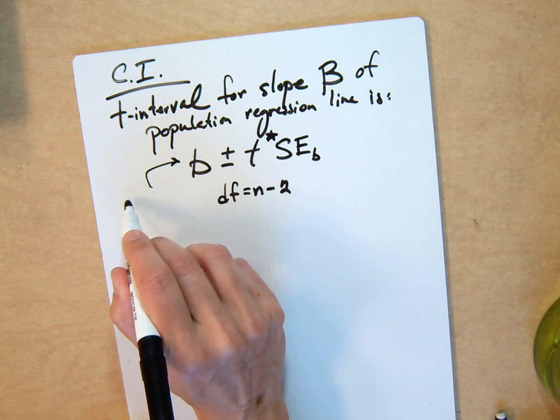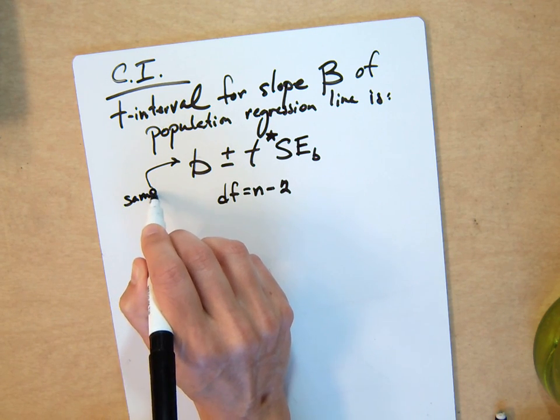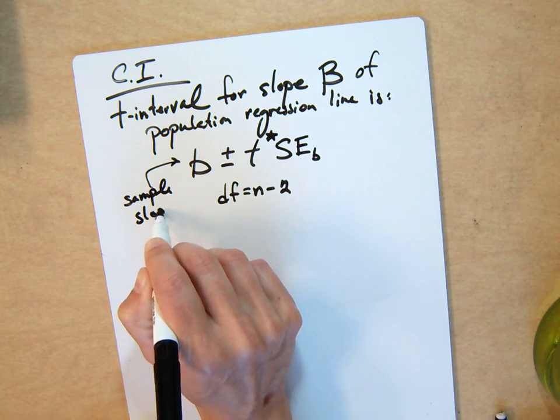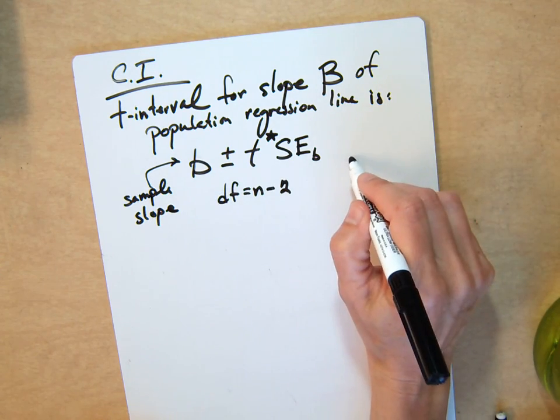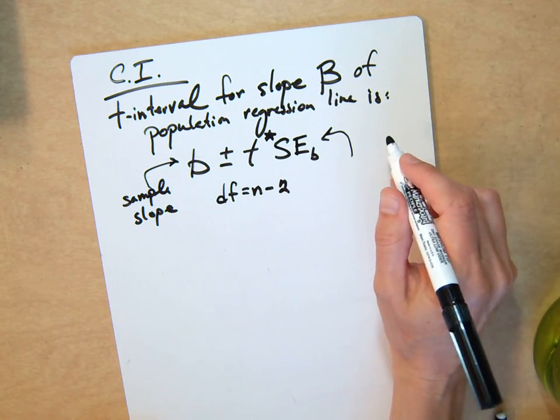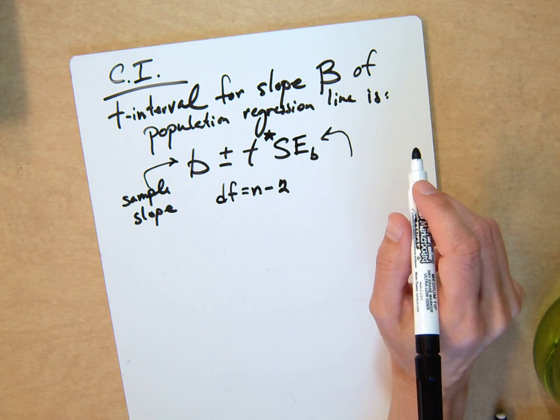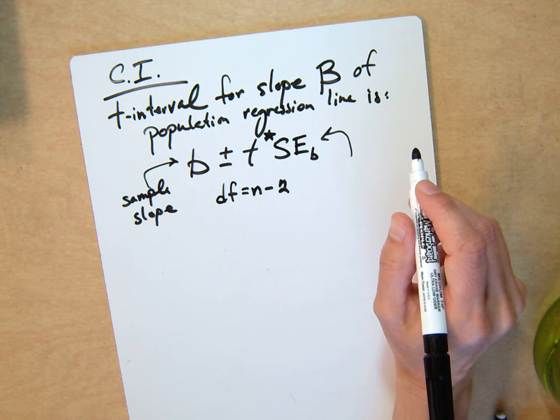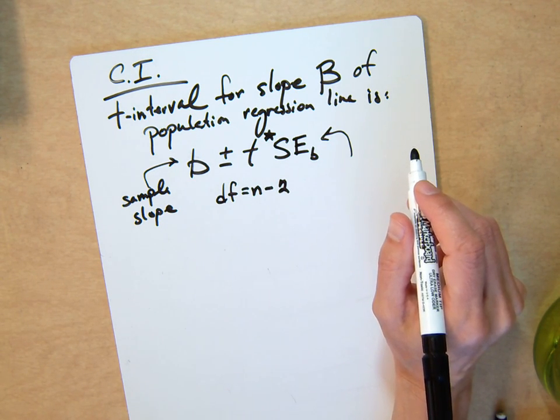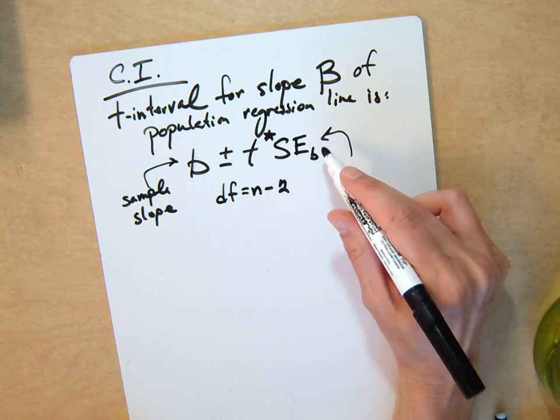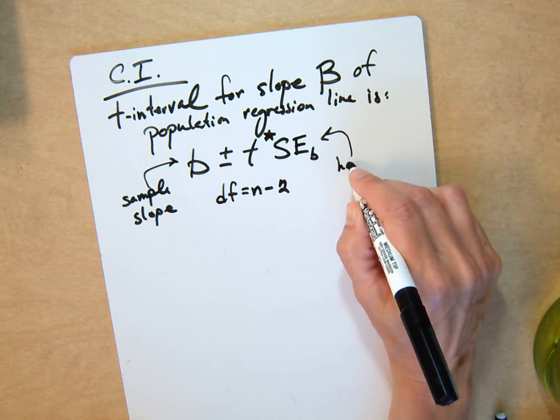Let me label these. b is the sample slope, which will be given. And let me write out in words what the standard error of the slope means: how much the slope of the sample regression line typically varies from the population regression line.